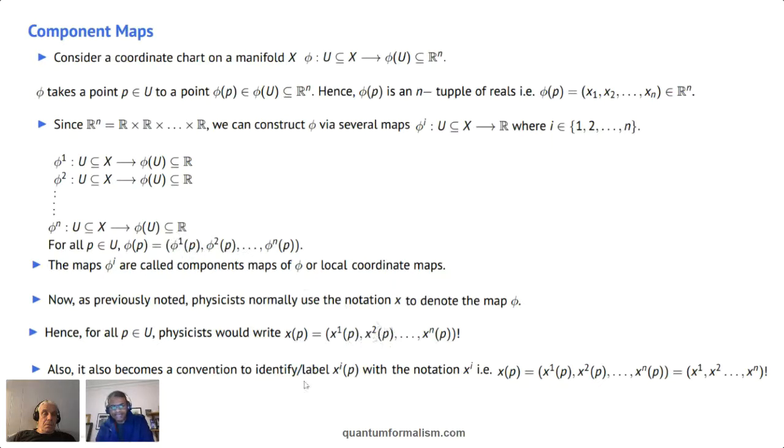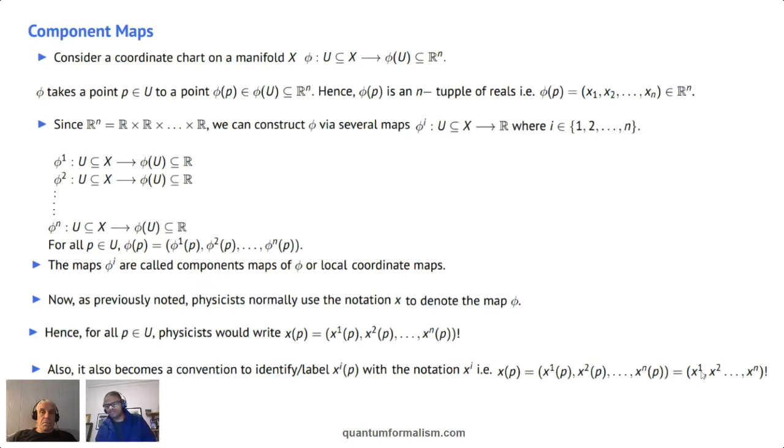Another thing they do is that x upper index i of p is often abbreviated as x^i. So x of p would become x^1 of p, x^2 of p, and so on.